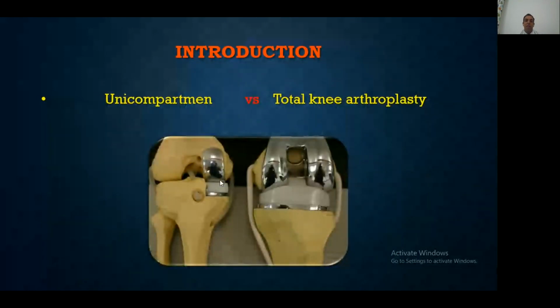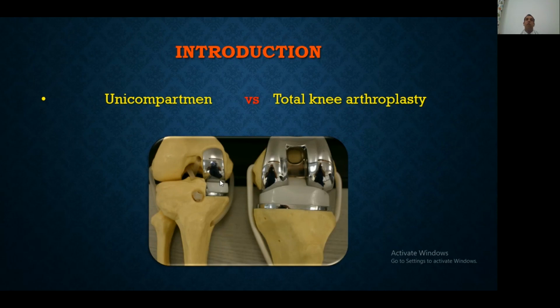So simply, I want to draw attention to the difference between two kinds of knee arthroplasty. When we say total knee arthroplasty, we mean the one on the right side. But there is another knee arthroplasty, which is called unicompartmental knee arthroplasty, where we can change only one compartment of the knee.